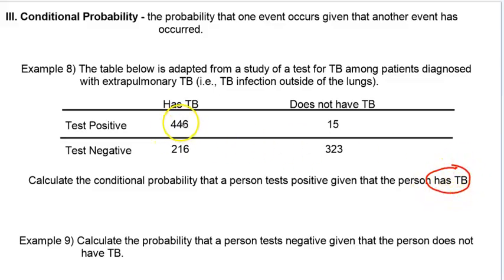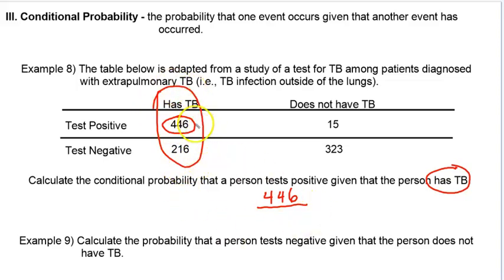Okay, so we've narrowed it down. The person tests positive would be our numerator. It's setting up a fraction for us in the way that this is worded. A person tests positive, all right, and the given will help us construct the denominator. So 446 will be the numerator, people that test positive, but it's not the 15 because it has to be given that the person has TB.